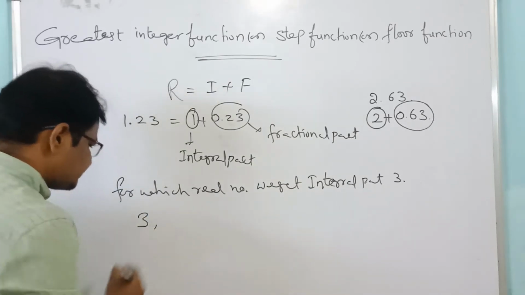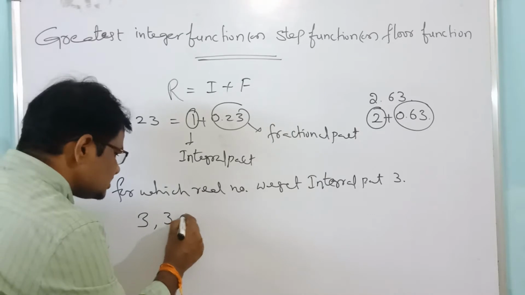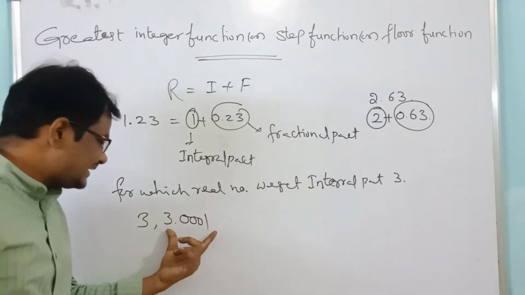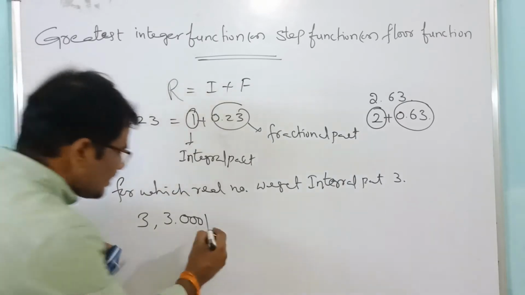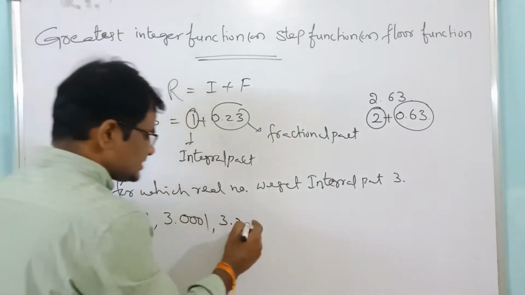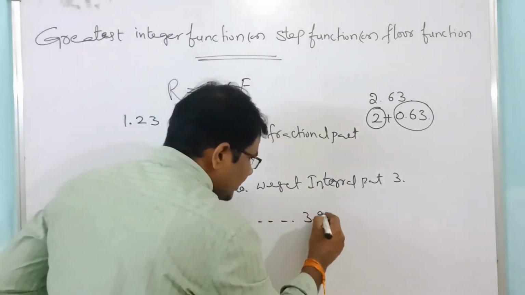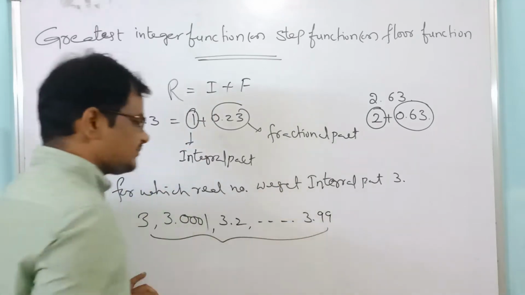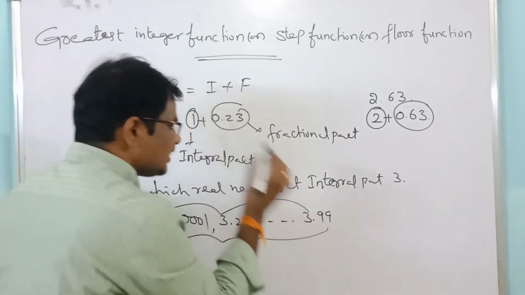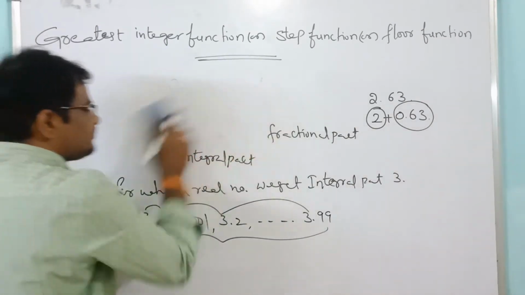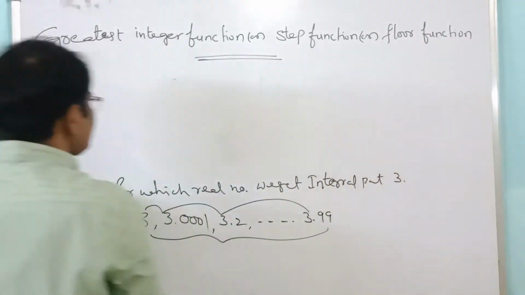Next, 3.0001, in this also integral part 3 is there. 3.2, in this also integral part 3 is there, 3.99, like this you can take. In all these real numbers, integral part is 3 only, right?